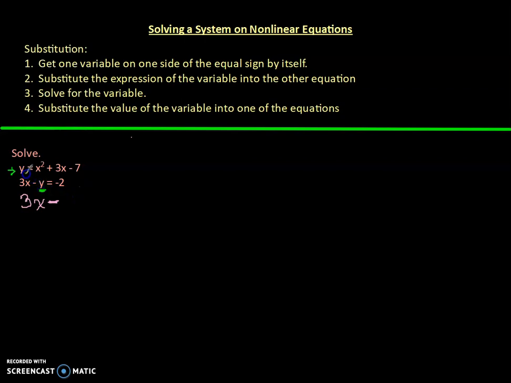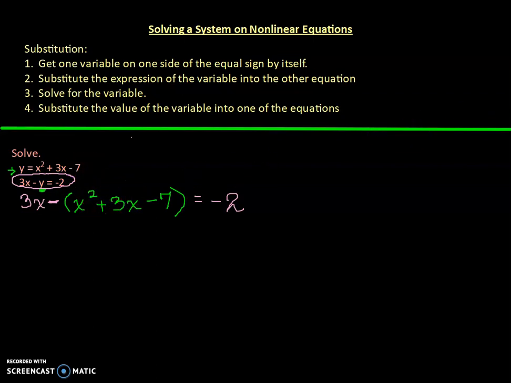So instead of minus y, it's going to say minus and what y equals, which is x squared plus 3x minus 7 equals -2.